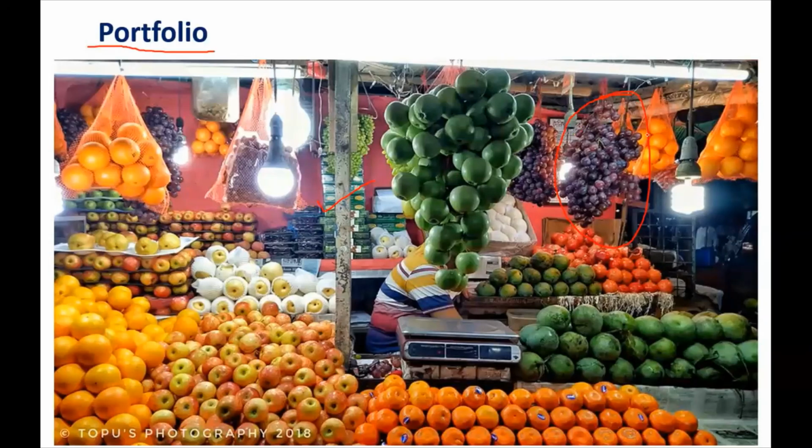I have outlined the grapes here. Okay. So can you expect, just in a general sense, the cash flows will be higher from red grapes compared to other fruits available.